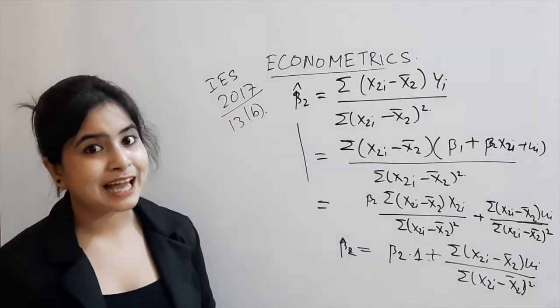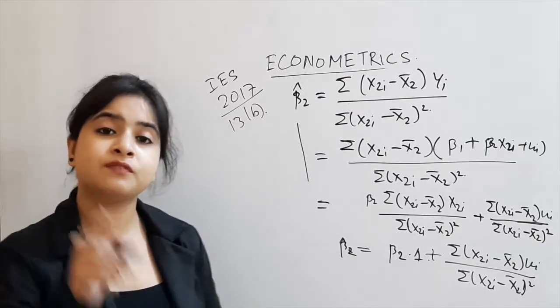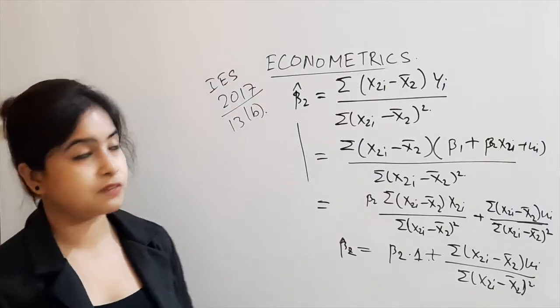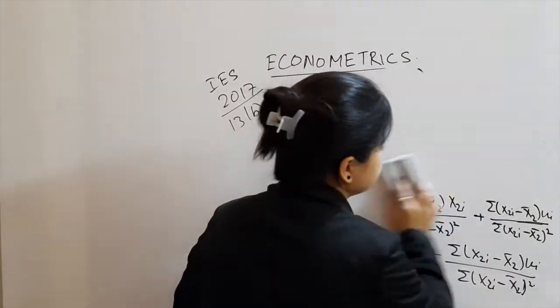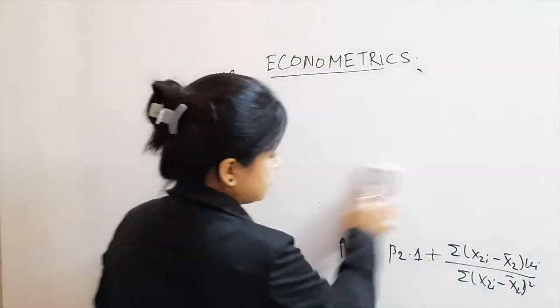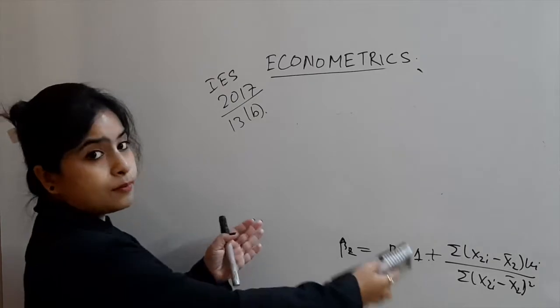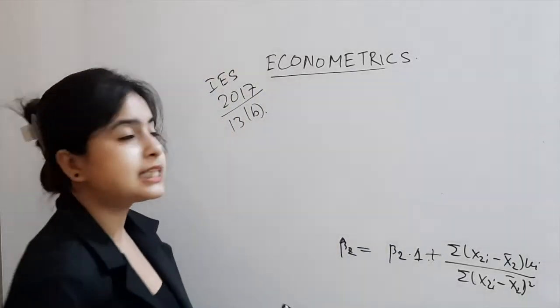But this is not what they have asked us to find. They want us to find the variance of it, and for the variance we need the expectation value. So let's find the expectation value of it. This is the final form for the beta 2 we have, and we are here to find the OLS estimate of it.